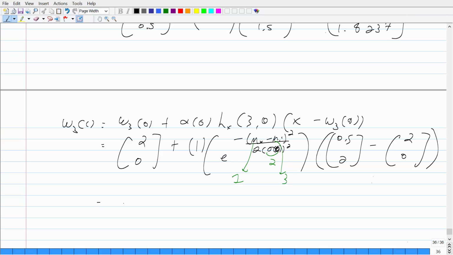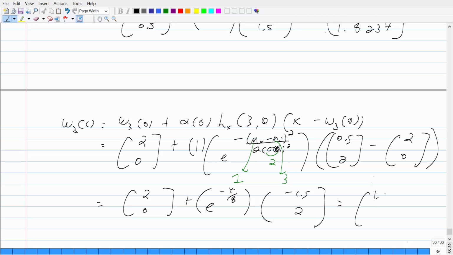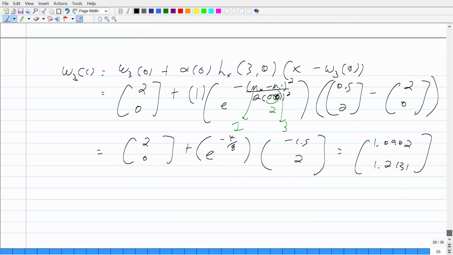So when you calculate this, this becomes 2, 0, plus, and then we have 2 squared. This becomes e to the power minus 4 over 8, which is e to the power half. So let me just put 4 over 8 here. And this becomes minus 1.5 and 2. Okay? So when you calculate this, this update becomes 1.0902 and 1.2131.